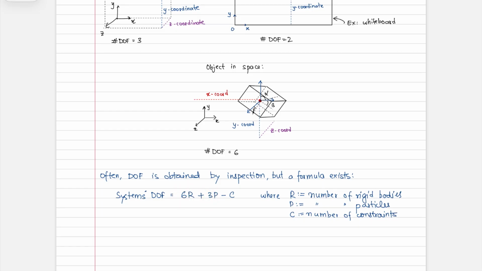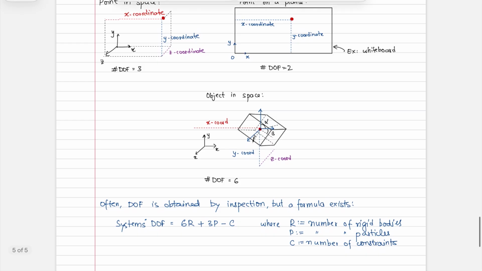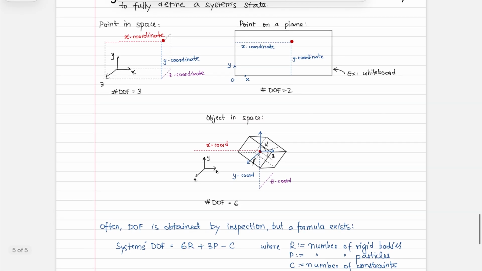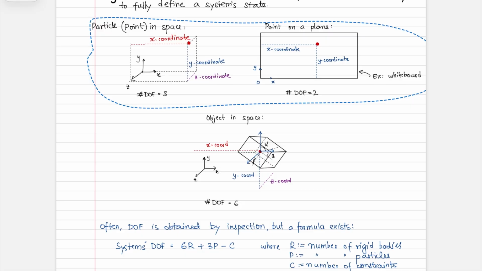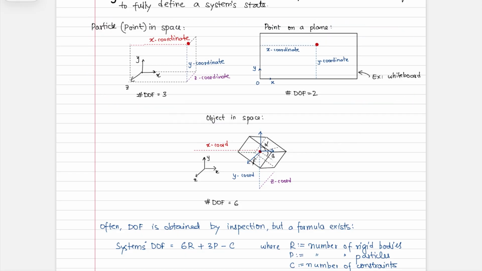A particle or a point in space. Okay, so a particle is fully defined by just a point's position.